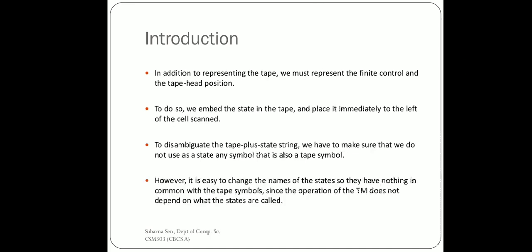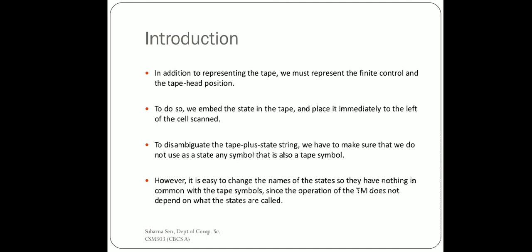Fine. In addition to representing the tape, we must represent the finite control and the tape head position, right? In our ID we should not be limited to keeping only the processing symbols in the tape.